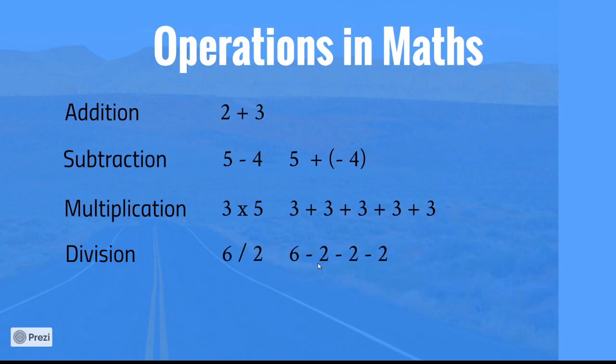If I subtract it once, 6 minus 2 is equal to 4. 4 minus 2 is equal to 2. 2 minus 2 is equal to 0. So I need to subtract 2 three times from 6 to get 0. Therefore 6 by 2 is equal to 3.